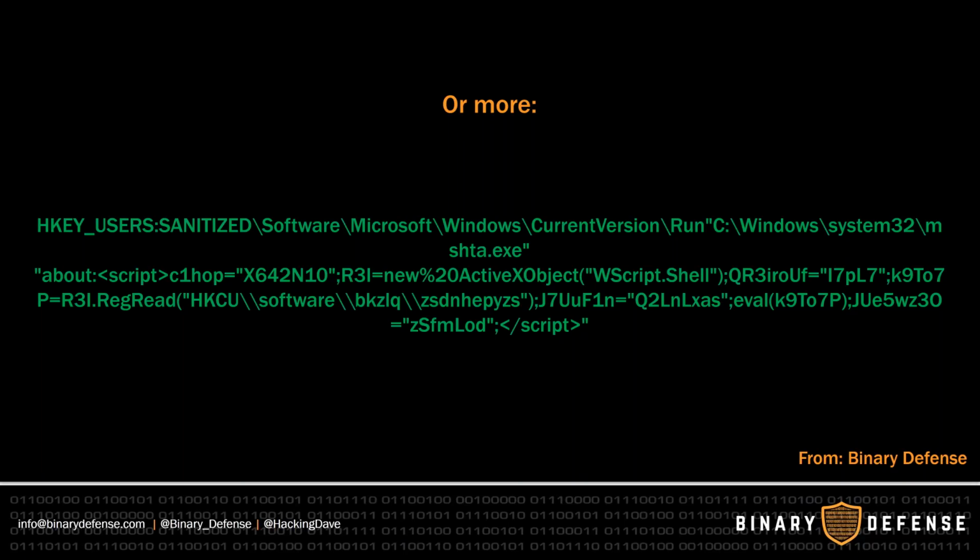And then you can see here in the current version run, it's calling MSHTA. If you're not familiar with what MSHTA is, it's a legitimate Windows application for HTML application files. If you have a .hta file exposed on the internet, it'll prompt you, very similar to ActiveX or Java applets.